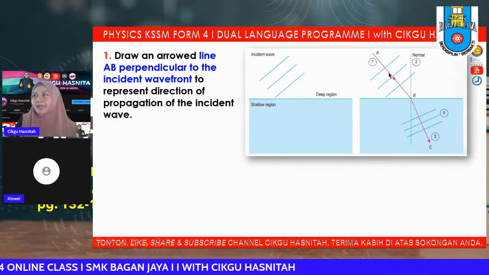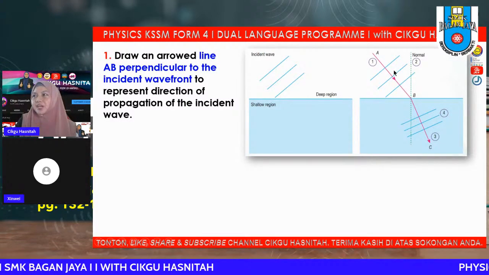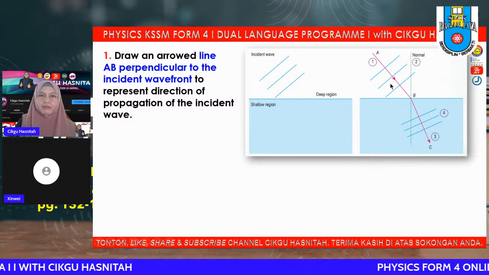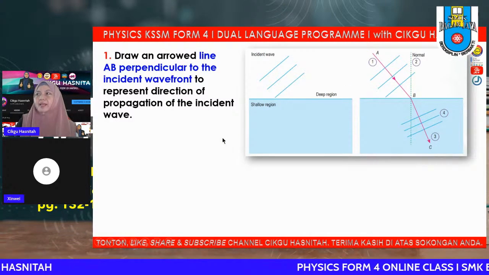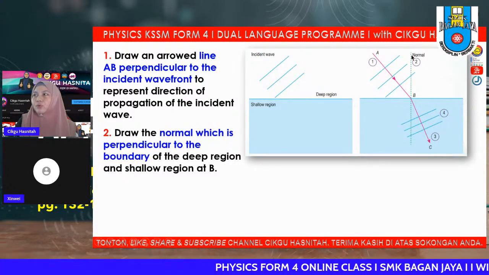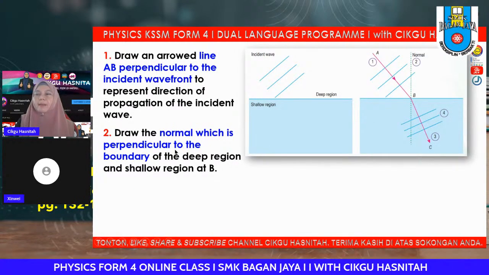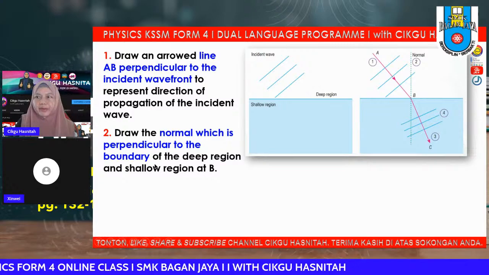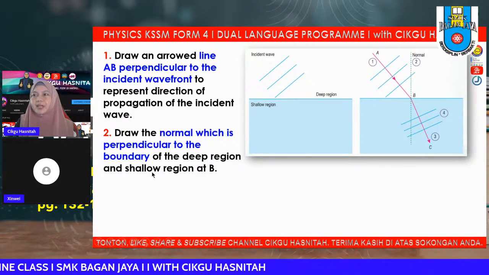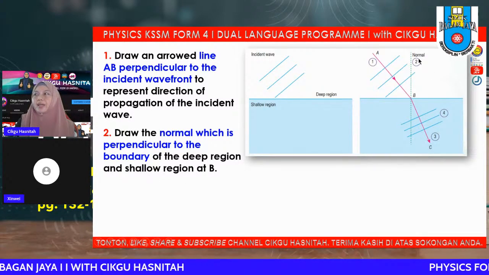So AB is the direction of propagation of our incident wave. Second, you have to draw the normal. Draw the normal which is perpendicular to the boundary of the deep region and shallow region as shown in B.